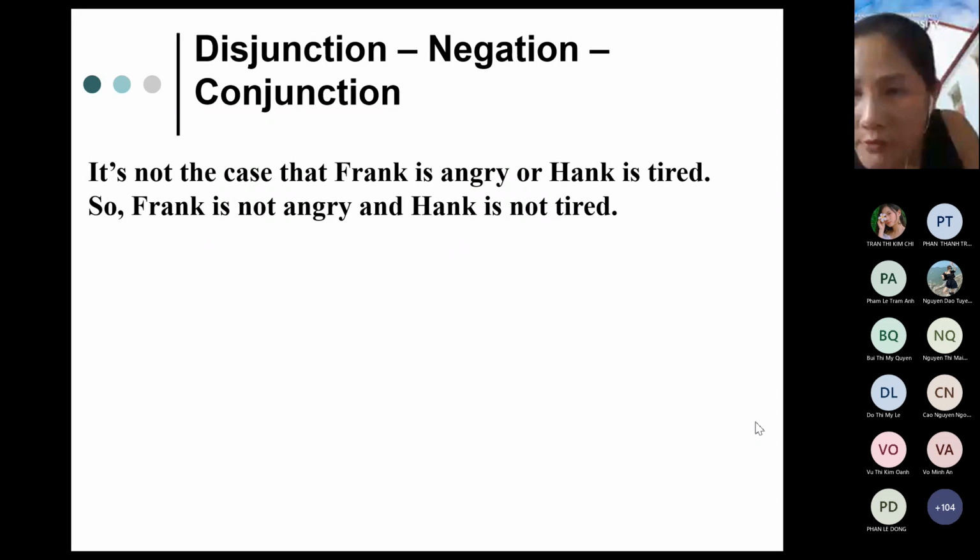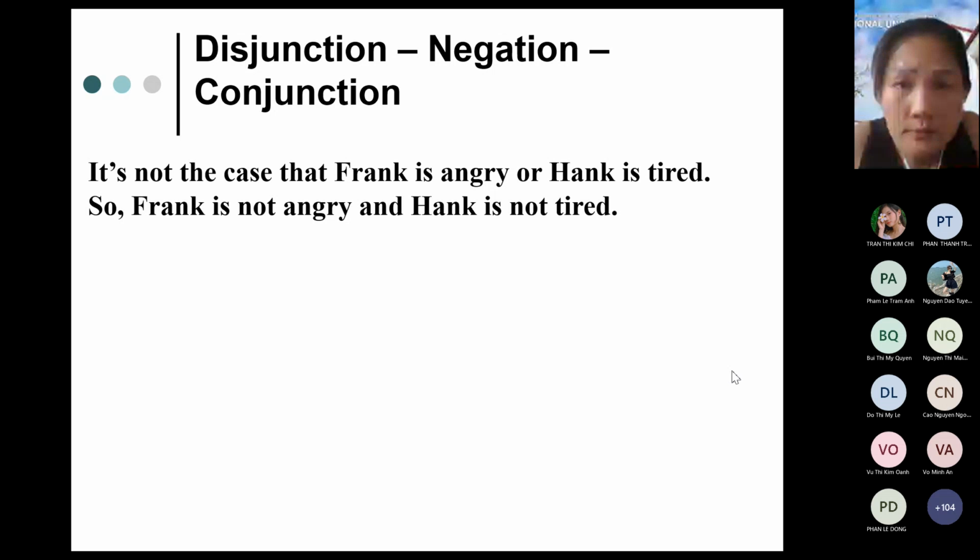Okay, I see the first picture from Ngọc Thảo, Phạm Thị Ngọc Thảo. I saw Ngọc Thảo put the naming at the bottom, so you put it on at first, isn't it? But Ngọc Thảo, how many variables are we having? Frank is angry, Hank is tired, and then we have the conclusion.